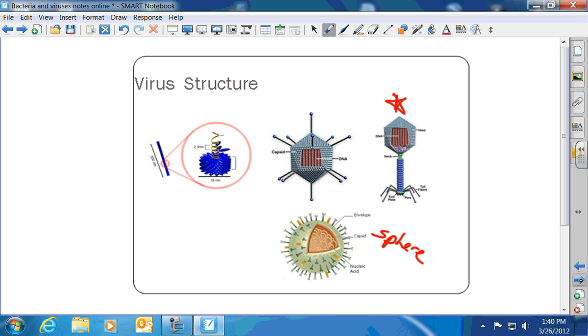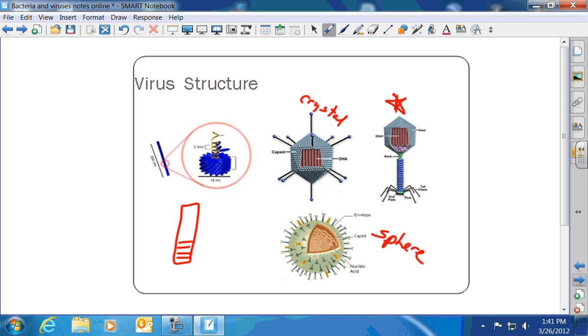So let's look at the virus structure. There are several shapes of viruses which are really important depending on the type of disease they cause. A crystal shape, like this one, would cause maybe polio and other viruses also. There's a cylinder shape, which is more like this one.